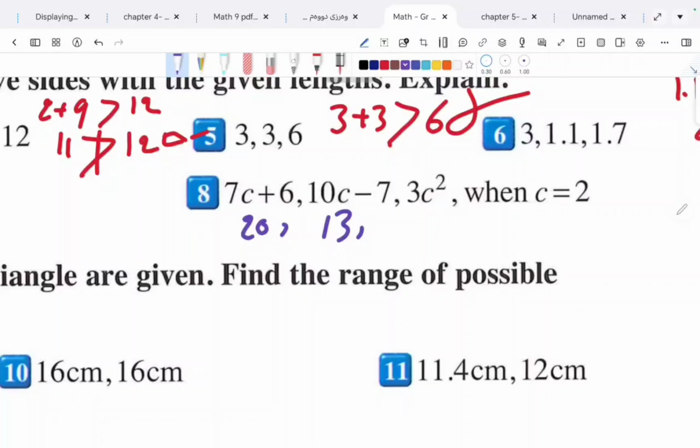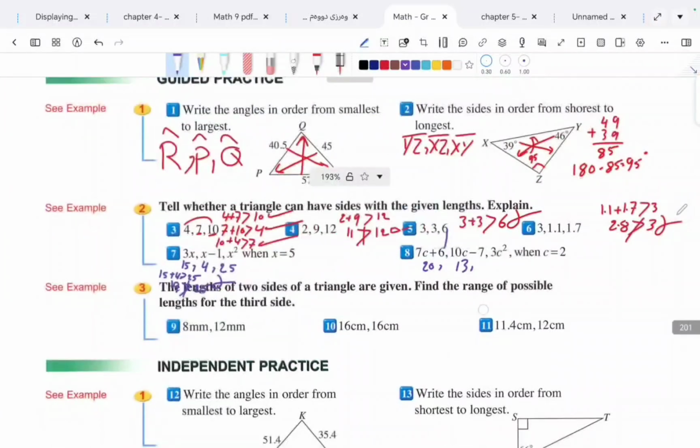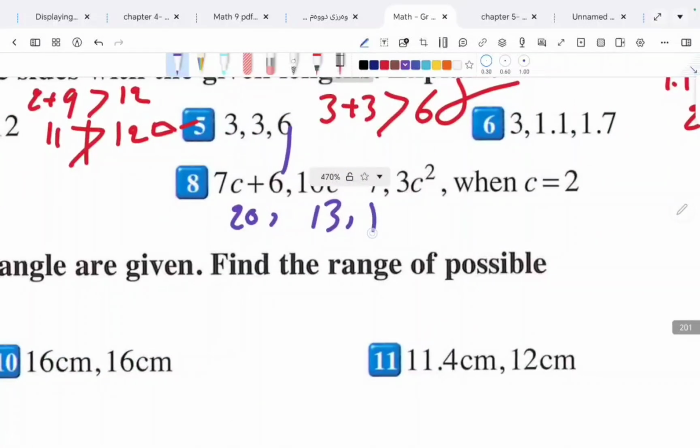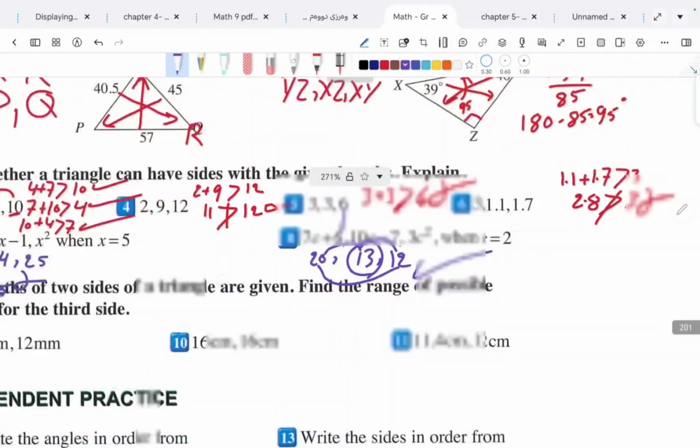Then 3 times 2 power 2 equals 12. And when you add 20 with 13, it will be greater than 12. When you add 13 plus 12, it's greater than 20. And when you add 20 with 12, it will be greater than 13. It's correct for all of them.